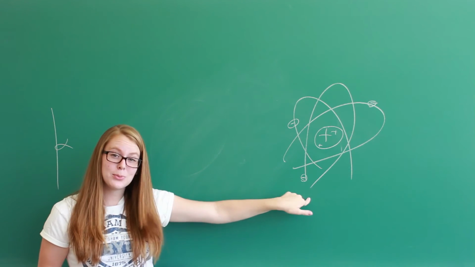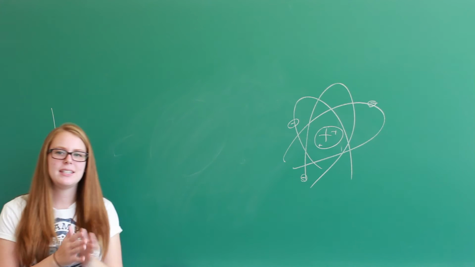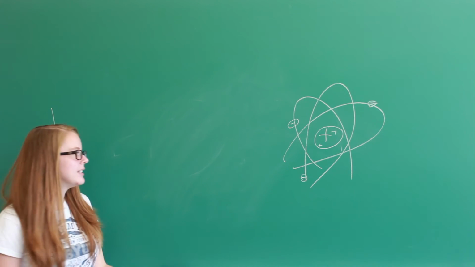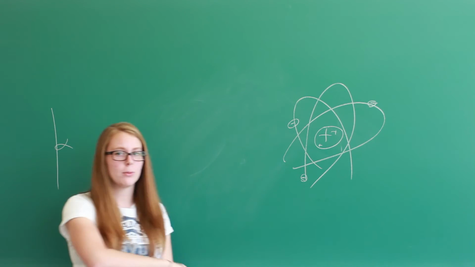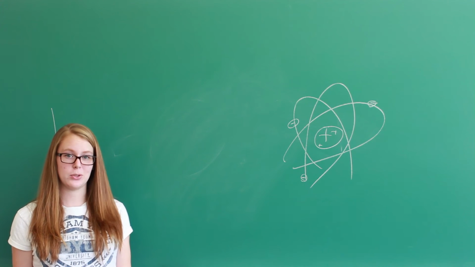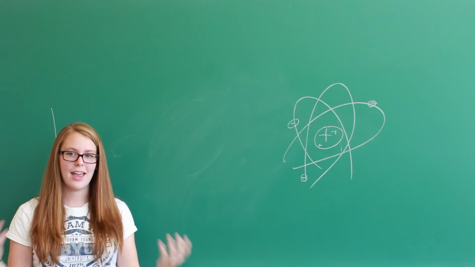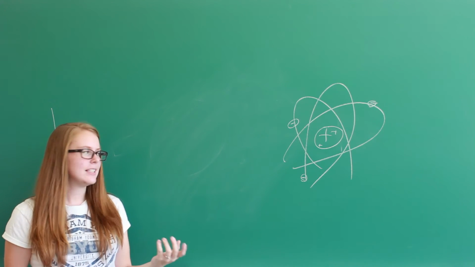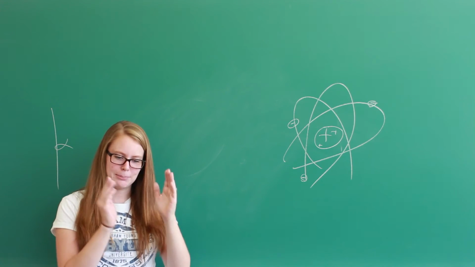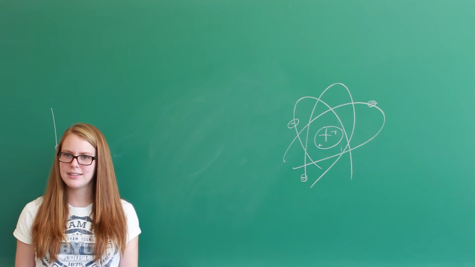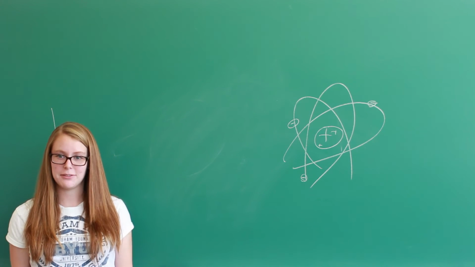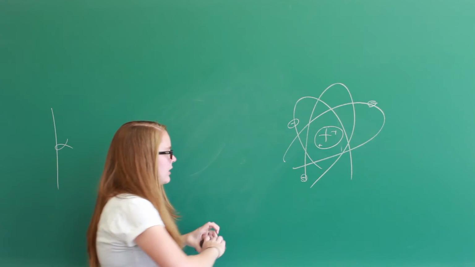If this model was correct, we would see a continuous spectra, because these electrons are constantly orbiting any energy level they want to. If they were doing that, they can give off any amount of energy, any and all colors. And since we don't see that, we see specific lines with certain elements, we know that there has to be energy levels involved with this.